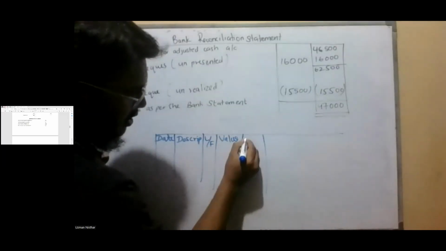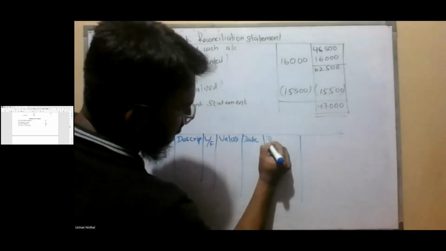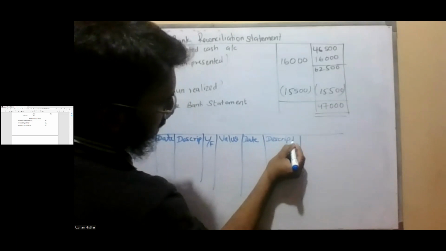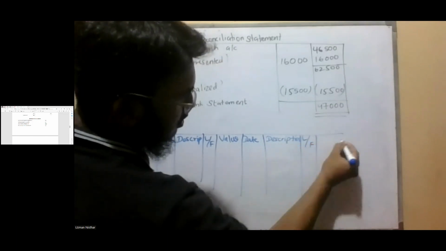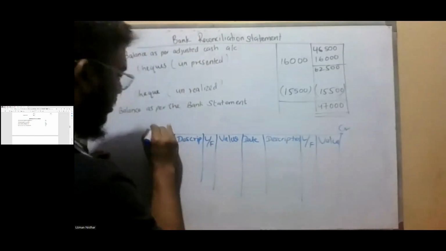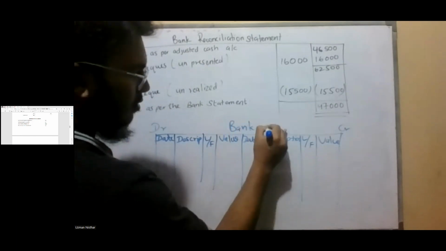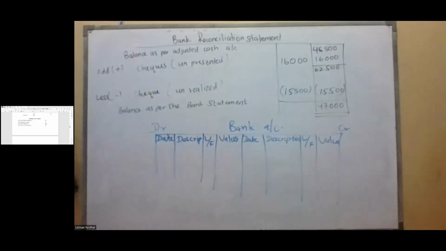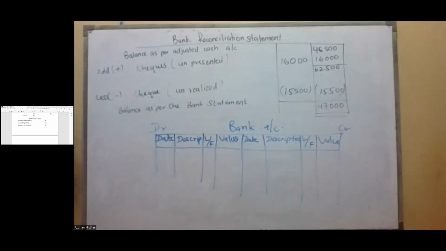And then again date, description, ledger folio, and then value. So this will be the credit side and this will be the debit side. This is the bank account. If you want, you can copy down.